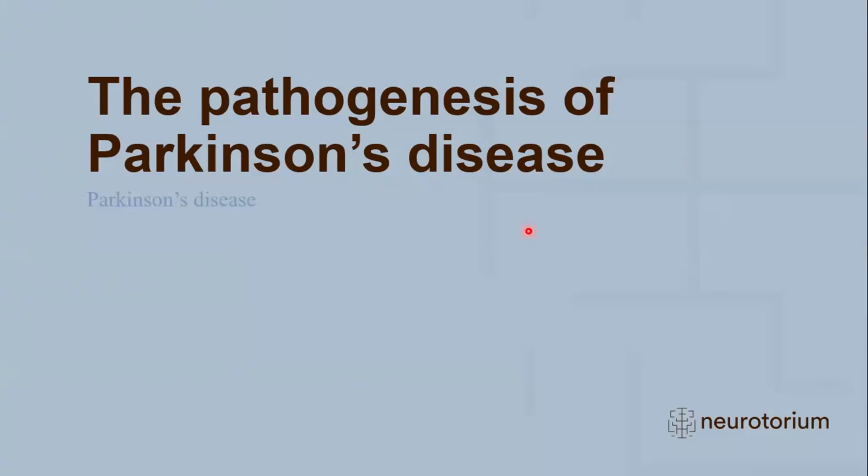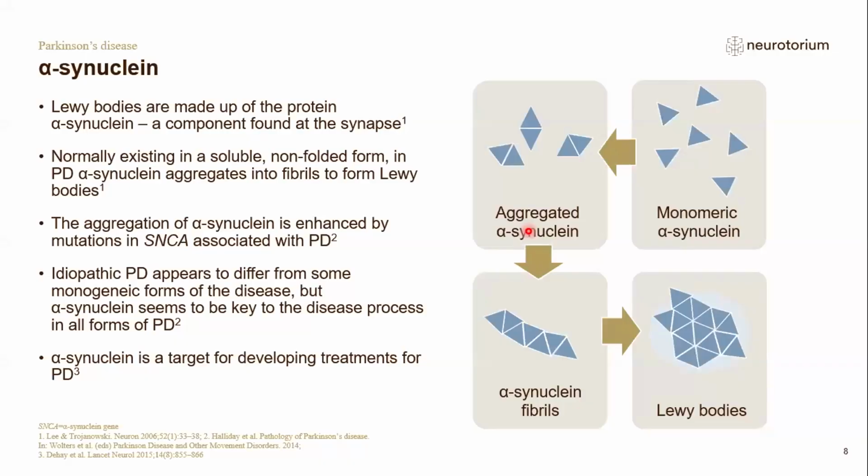Let's look at the pathogenesis after understanding the physiology. So we have what we call alpha-synuclein, which is a protein usually found at synapses. Their mechanism is not very clear, but alpha-synuclein is usually soluble. It is non-folded in normal individuals.